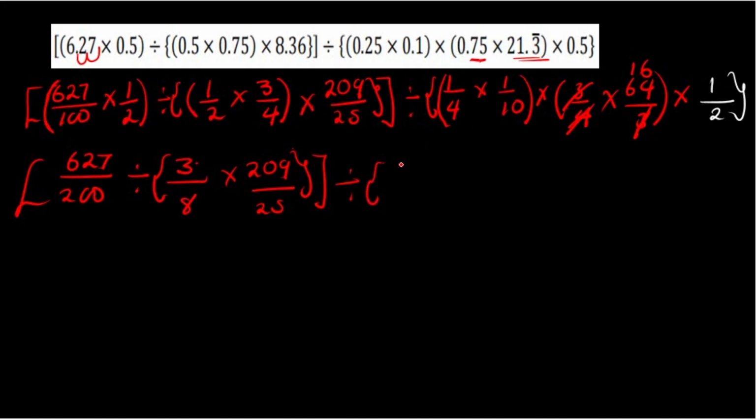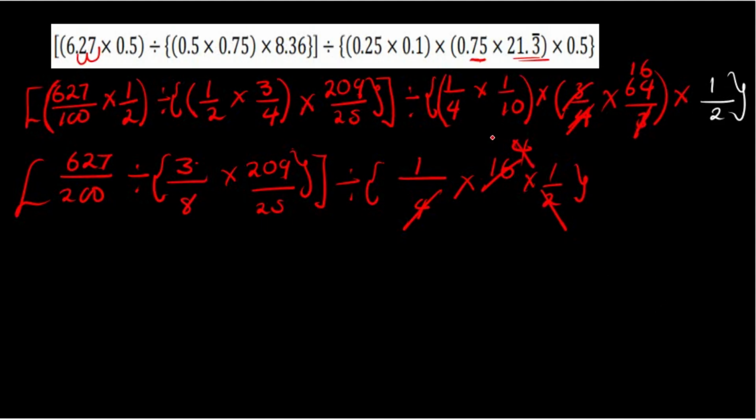Then what you do, 1 times 1 inside there is 1 over 40, then times 16, then times half, which is this side. So this into here, it will give us 4, right?